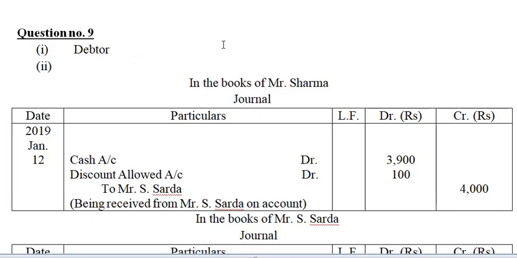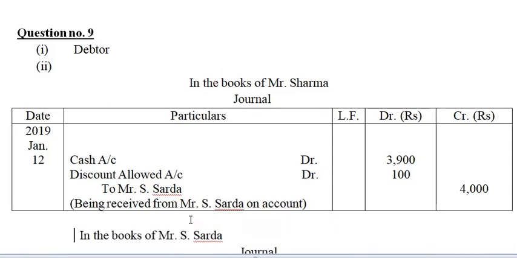Okay. Now indicate the complete journal entry for date 12/1/2019. So 12/1/2019. So that is, you can see in the question that on 12th January it is cash discount, sorry, cash paid and the discount that has been allowed or received. So we have to provide the complete journal entry.